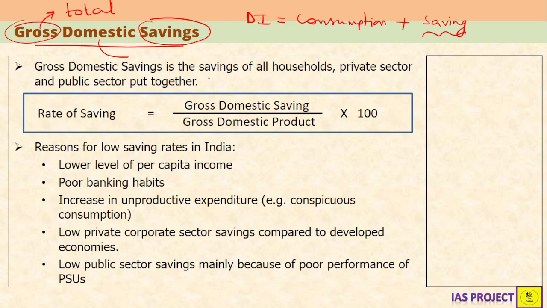Gross domestic savings is basically the savings of all households, that is individuals and their families, and the private sector as well as the public sector put together. So all these three entities contribute towards gross domestic savings. There is a formula called the rate of saving, which simply means gross domestic savings divided by GDP into 100.